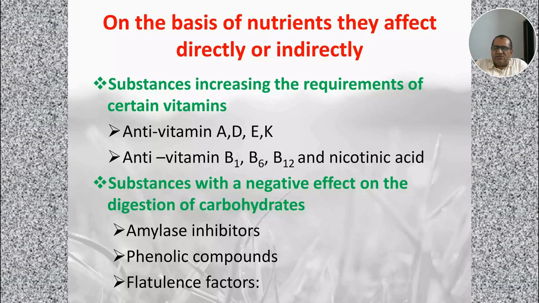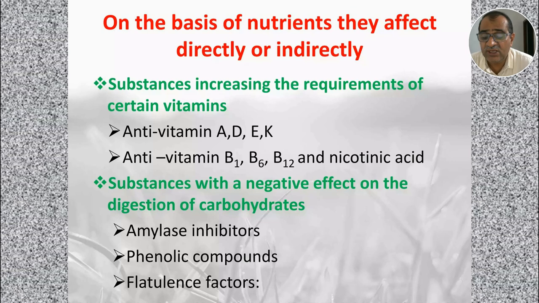Another group is the substances with a negative effect on the digestion of carbohydrates. Carbohydrates are the chief, number one source of the energy requirement of the animal, and if the energy requirement is not met, the production and reproductive capacity of the animal is drastically decreased.